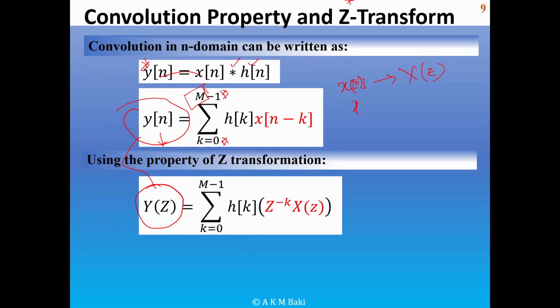Then the transformation of x of n minus k, where k means unit delay, can be written in this form: the Z transform of input times z to the power minus k.